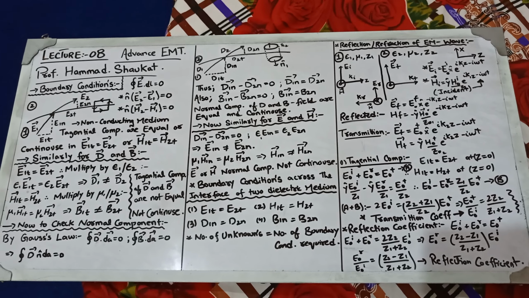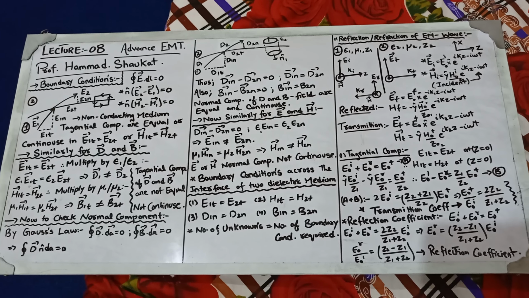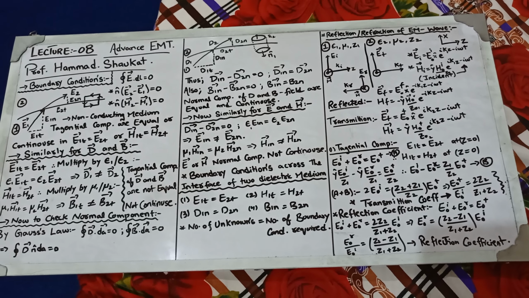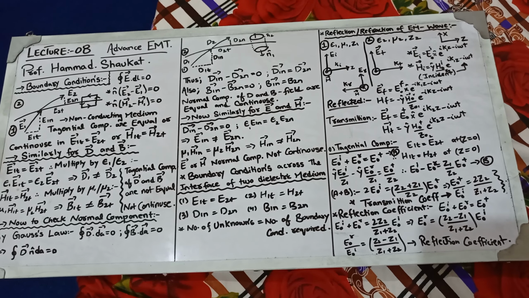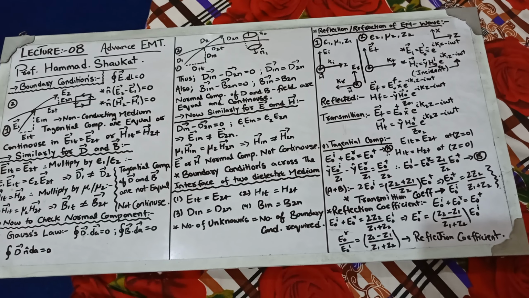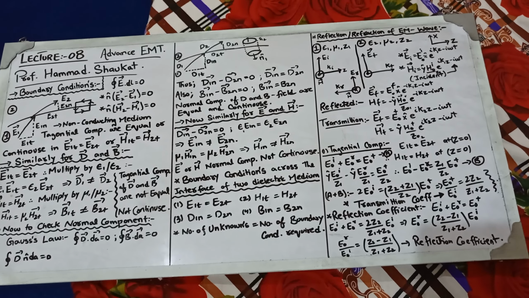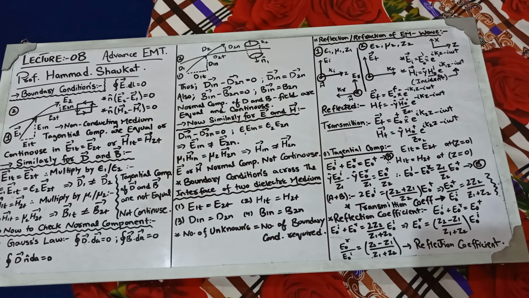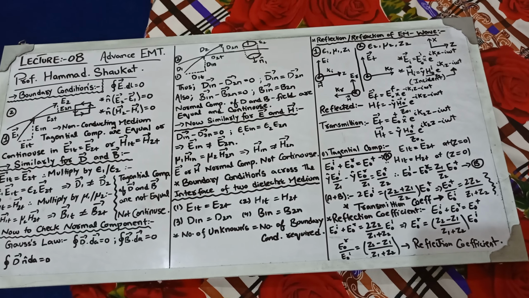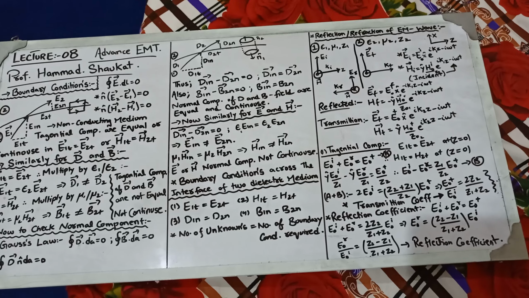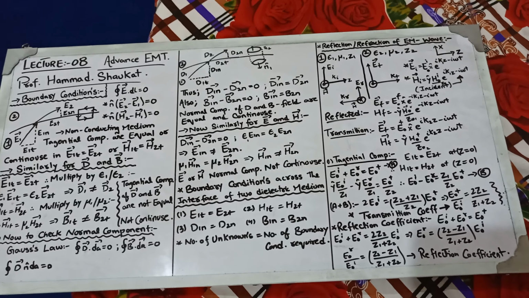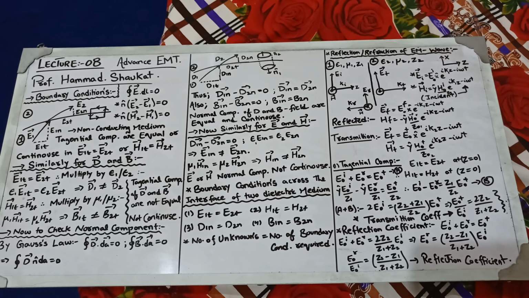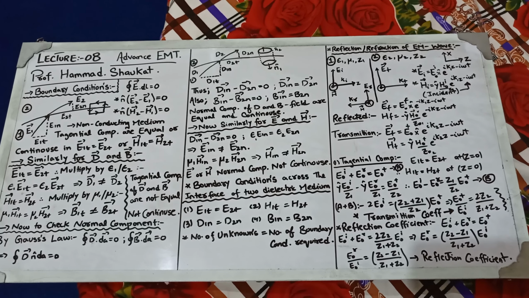So this is all about our lecture number 8 of advanced electromagnetic field and waves. In this lecture, we thoroughly discussed the boundary conditions of electromagnetic fields and waves. What are their boundary conditions? We checked for D, E, and similarly B and H. And then we moved towards the next topic, the reflection and refraction of electromagnetic waves.